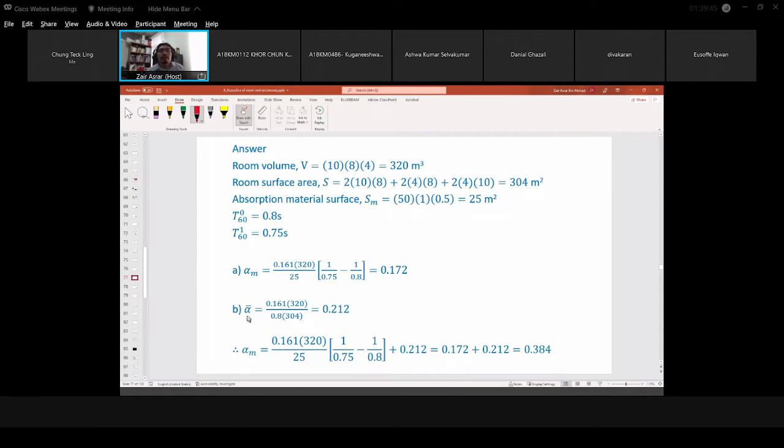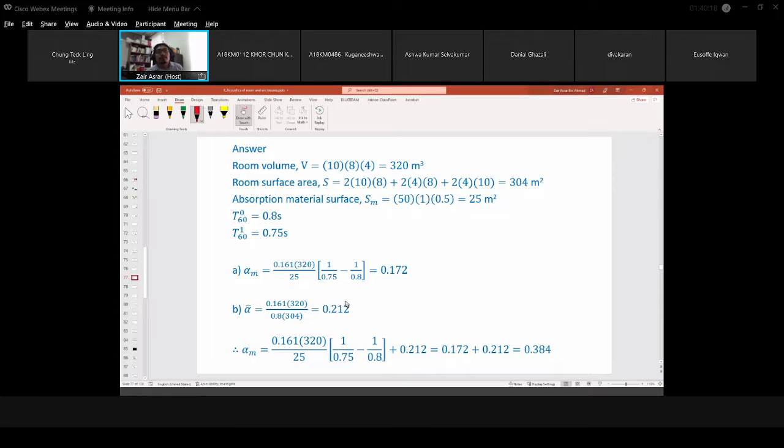If the material is covering the room, we need to find the average absorption coefficient for that room first. That will equal 0.161 times the room volume divided by 0.8, the reverberation time without the material, times the room surface area. So this is the average absorption coefficient of the room surface without the material.